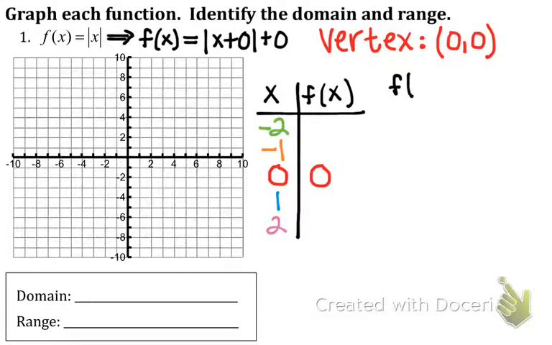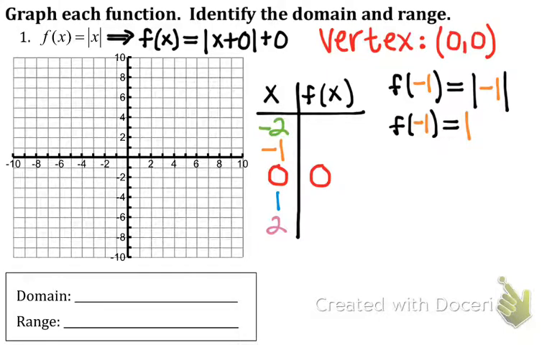The first value I'm substituting is -1. I'm substituting -1 in for x into my original function. So f of -1 is equal to the absolute value of -1. Now we evaluate the absolute value of -1, which is +1.